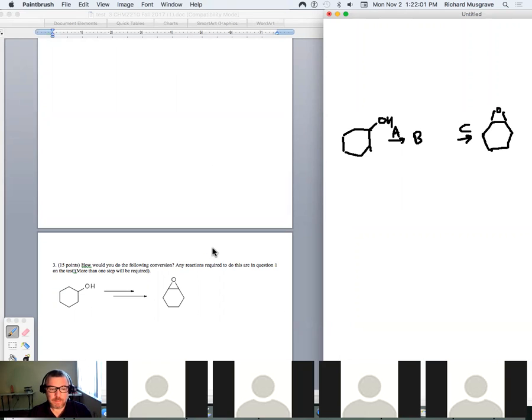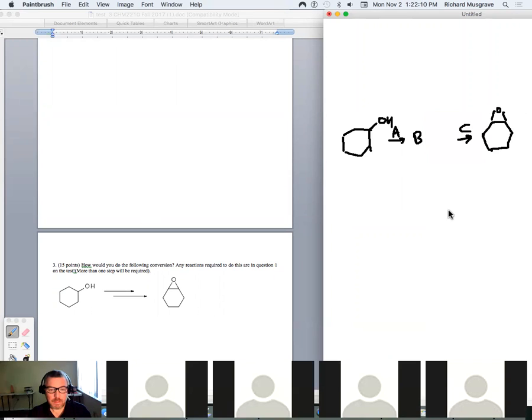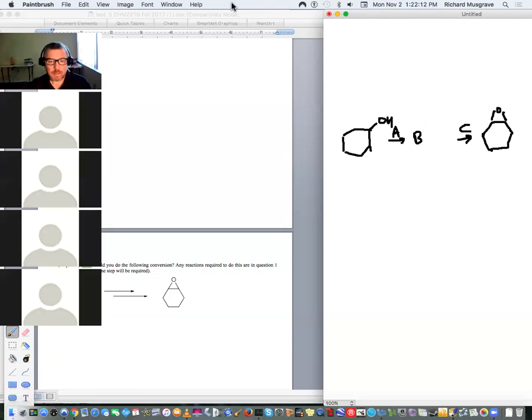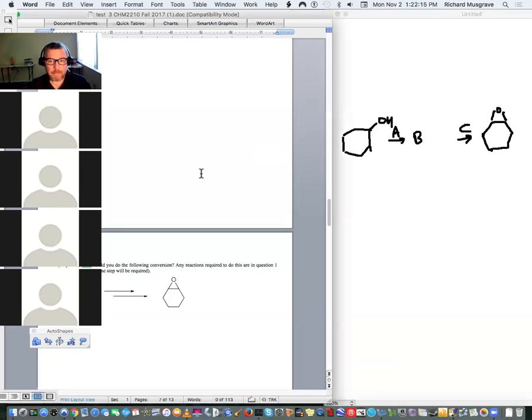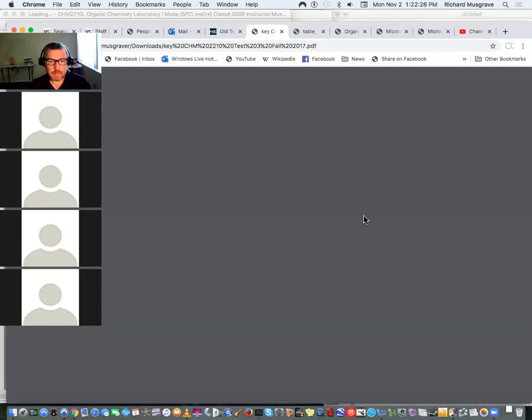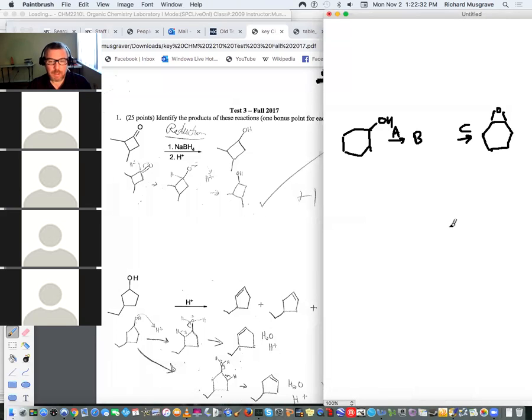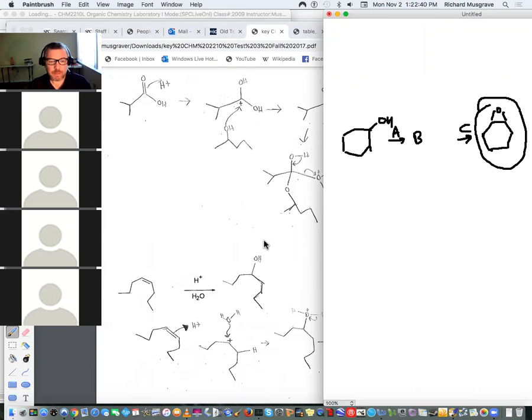So in this instance, let me see. I wonder if I can pull up the key for this. So what you'd be looking for is something that has this product or a product that looks like this, has the same functional group.